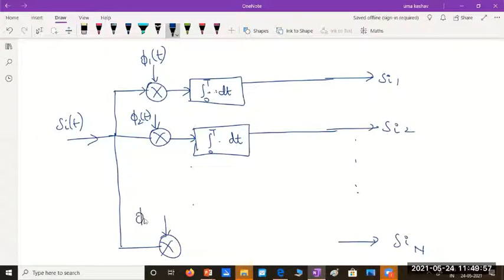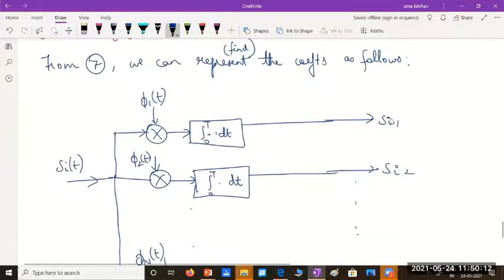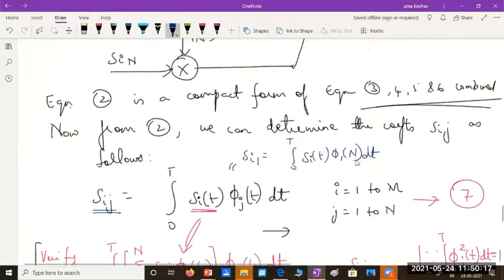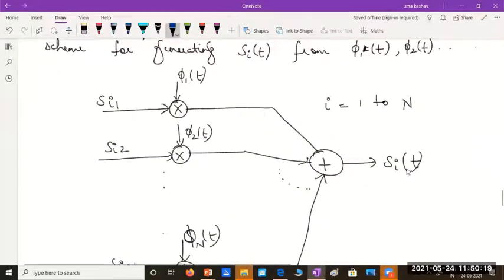You multiply Si with phi n and you integrate it in the interval 0 to T. You will get Sin. So this is just the opposite process of getting the individual coefficients in the linear equation. And this was the process of getting the signal using the coefficients and the basis function. So this is getting the linear combination of coefficients into basis function to get the signal.